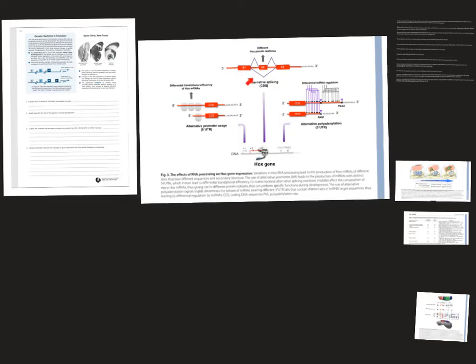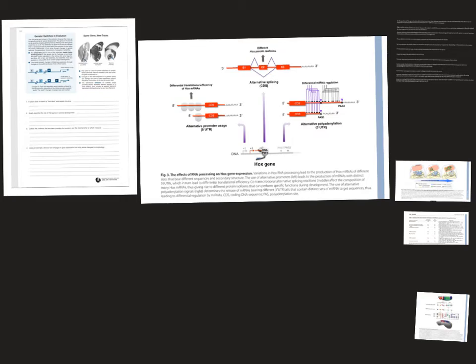Depending on how you splice that message that was first transcribed from the DNA, you can get up to 6 different molecules that then go ahead and have 6 different impacts on the development of the organism.